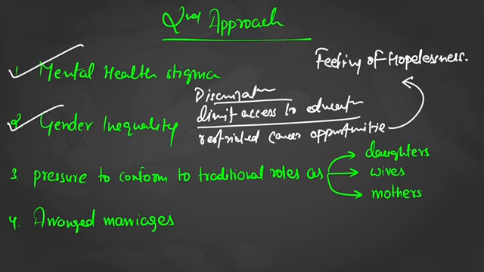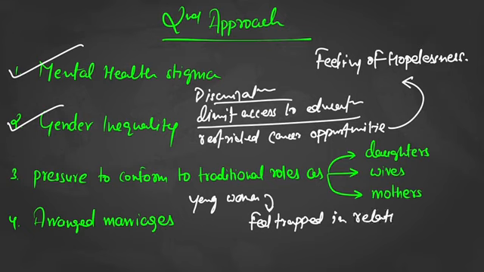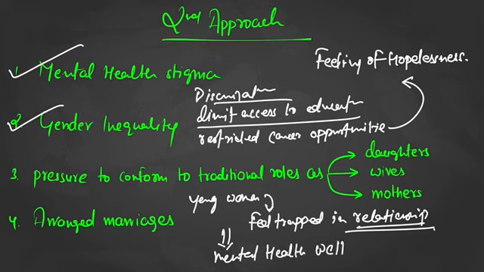Then you can also talk about arranged marriages, that many young women feel trapped. They feel trapped in relationships, where I'm talking about marriage as an institution. Okay, young women feel trapped in relationships, and this puts an extra burden on them, because of which they are not doing well with their mental health, or you may say it is going to impact their mental health or mental well-being.